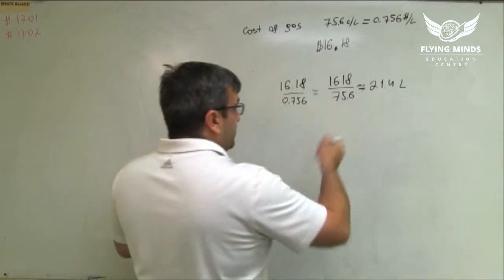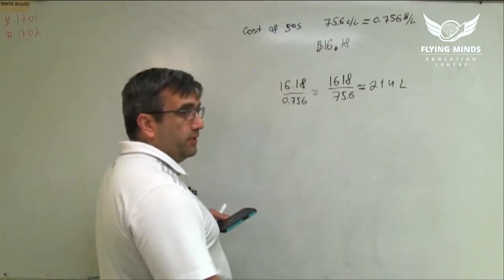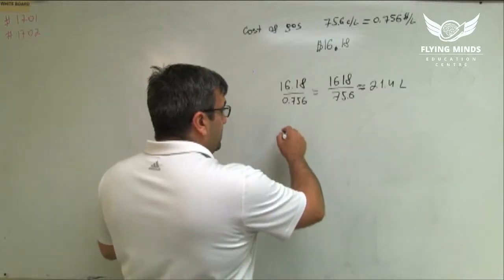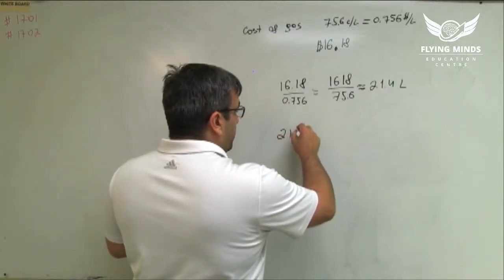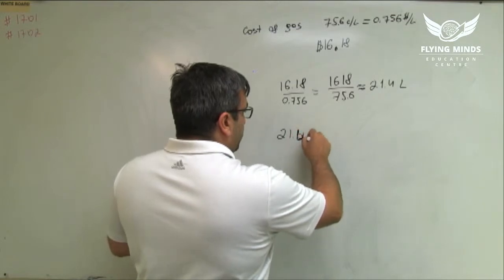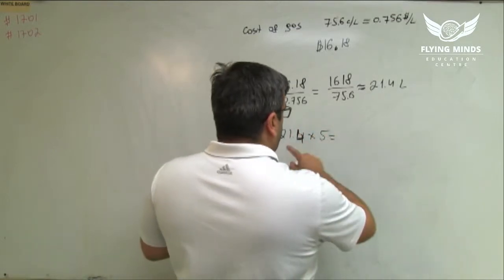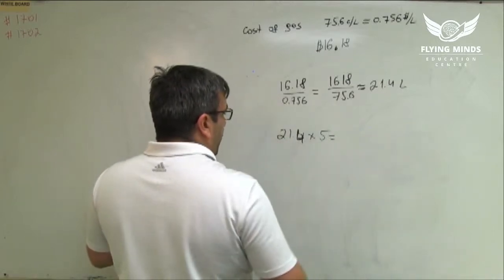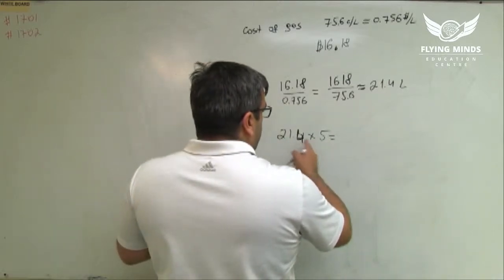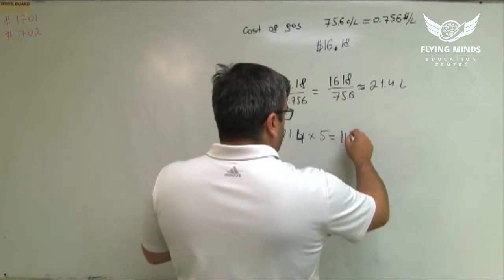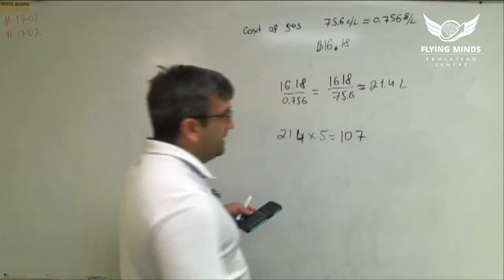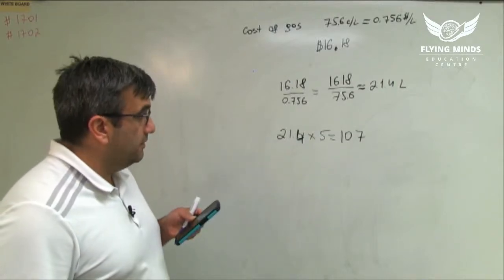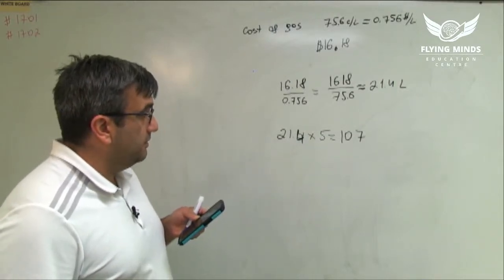And because they get 5 reward points for every liter, we need to multiply it by 5. 21 times 5 is 105.